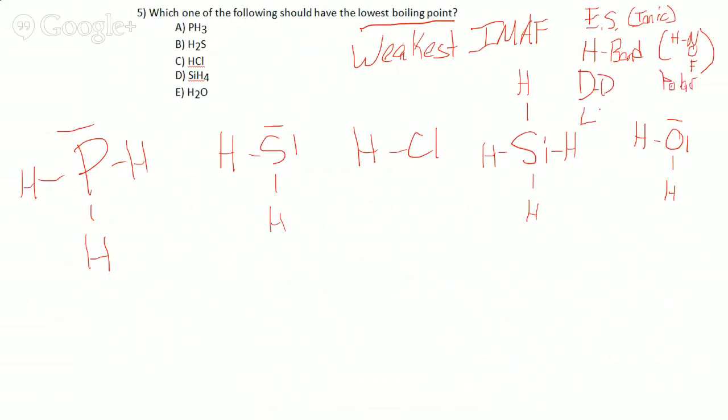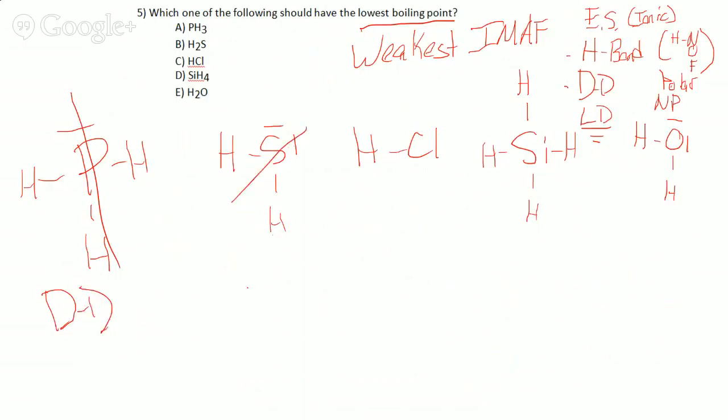And then we have London dispersion, which is for nonpolar molecules. So strongest is up top, weakest is down here. We're looking for which one of these has only London dispersion forces. If we have PH3, that's going to be polar. So we know it's either going to be dipole-dipole or hydrogen bonding. It's not hydrogen bonding, so we're going to have dipole-dipole.